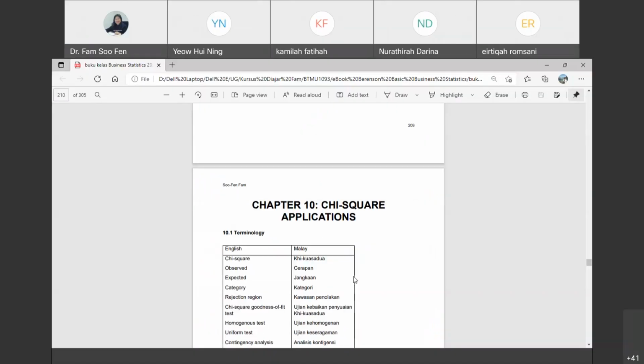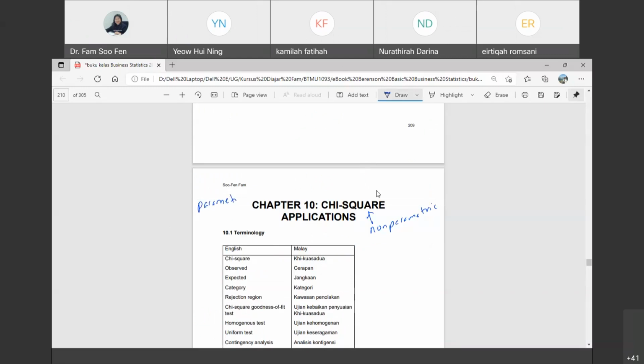Chi-square is a non-parametric test. Remember, before this we learned parametric.